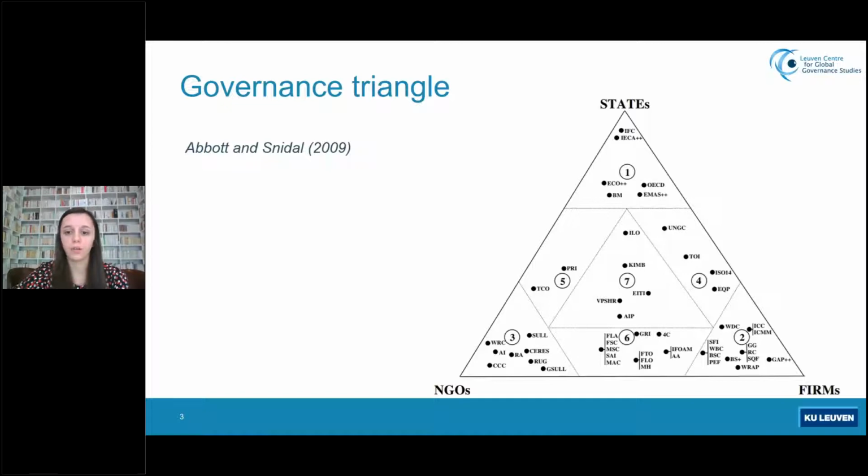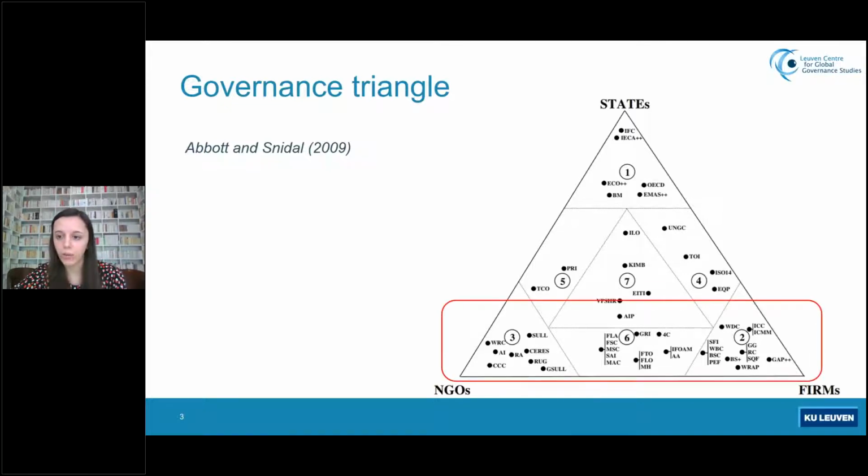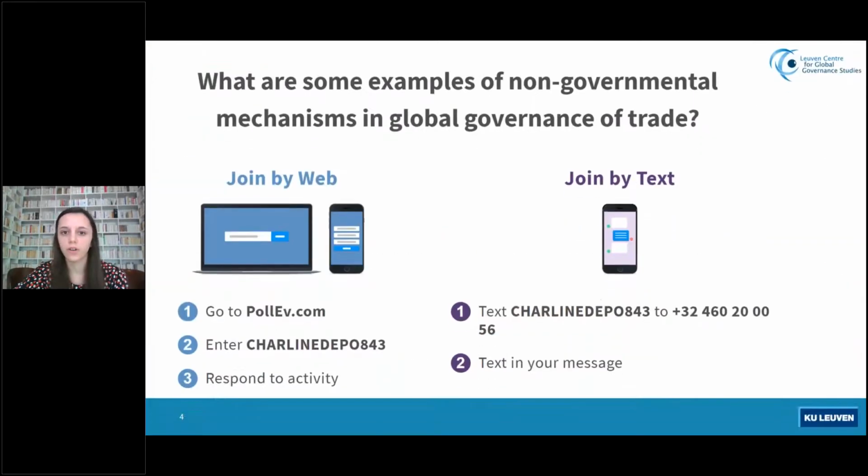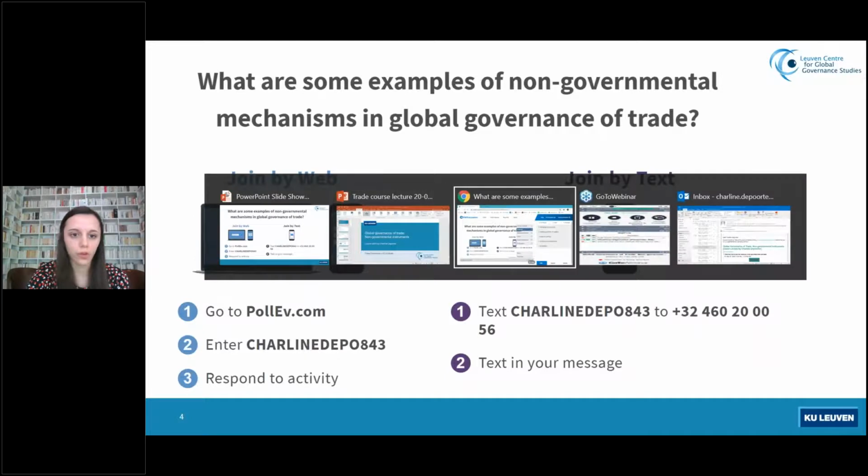But before we start, I would like to do a quick poll, and I will ask you if you know some non-governmental or private governance mechanisms for global trade. You can see the instructions on the screen now. You should be able to join the poll either through the web or also by text message. So I will wait for everyone to join.